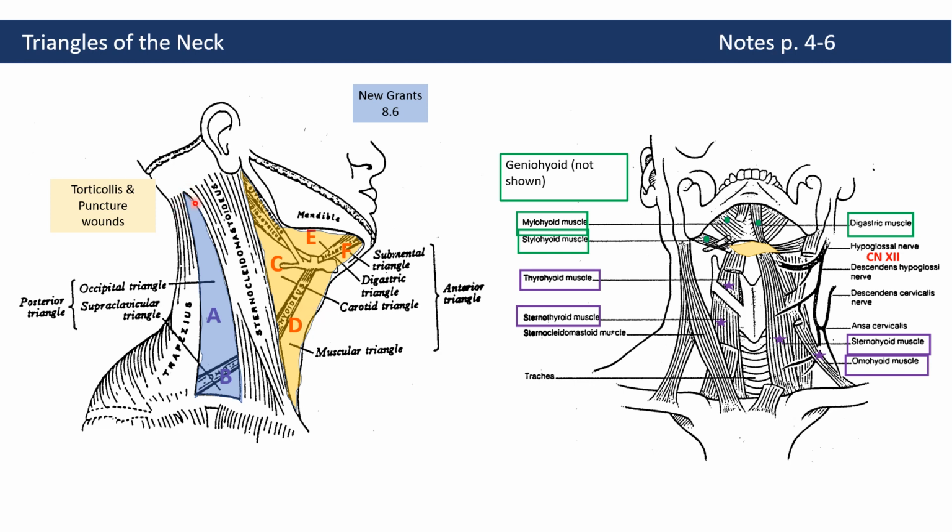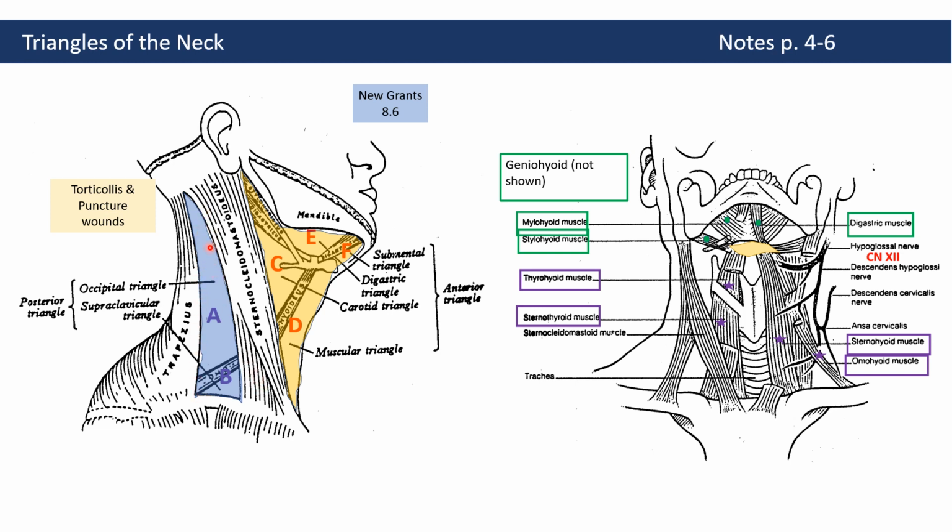The sternocleidomastoid, which divides the areas, is responsible in part for flexion of the head and neck, and torticollis is one of those clinicals that you'll want to pay attention to as you are looking at your clinicals for this particular section.